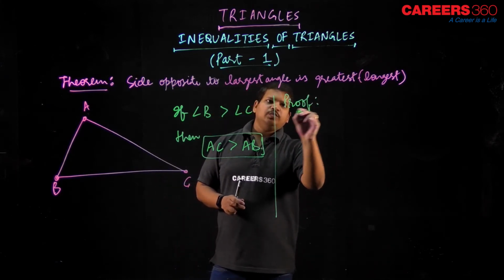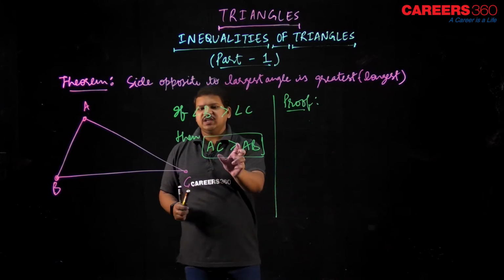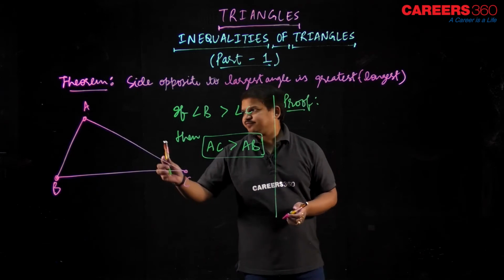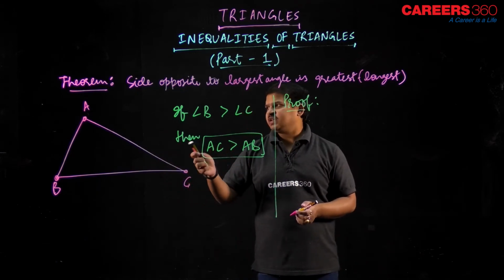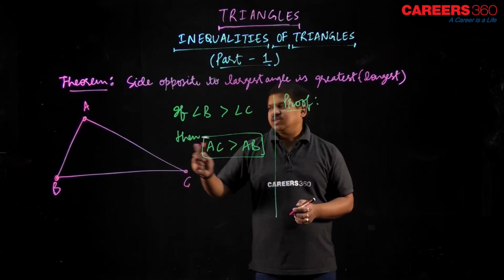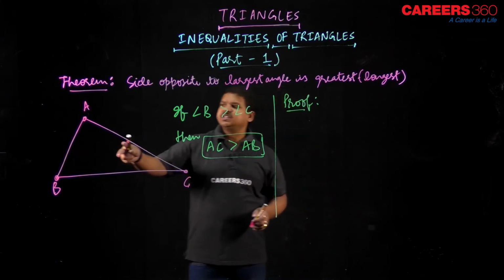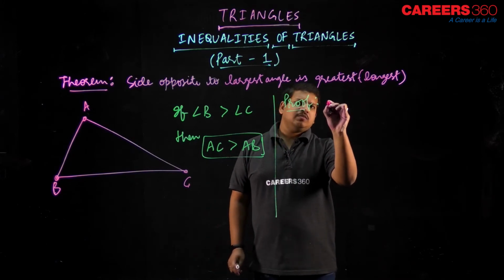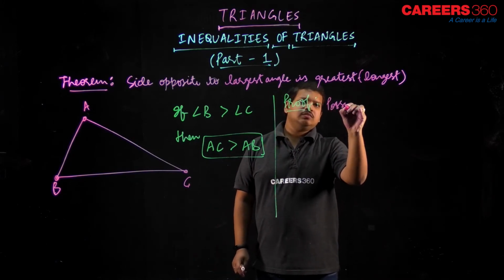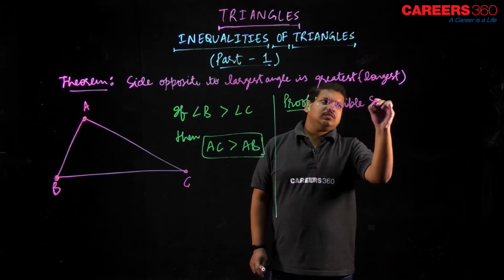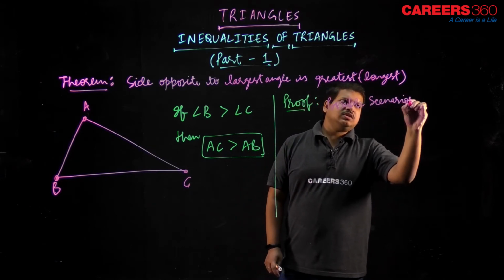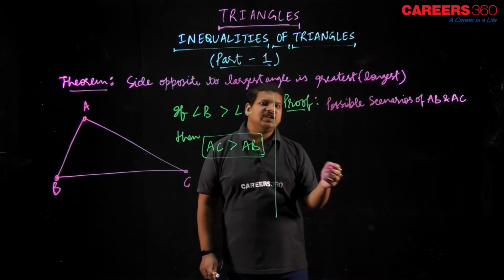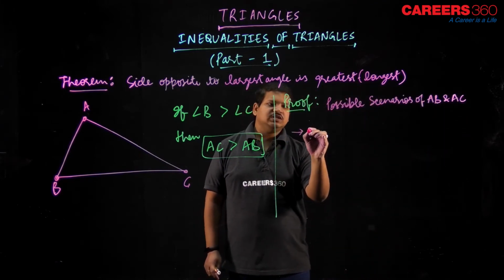If I want to prove that AC is greater than AB, let's see what could be the possible scenarios for AB and AC in this triangle.